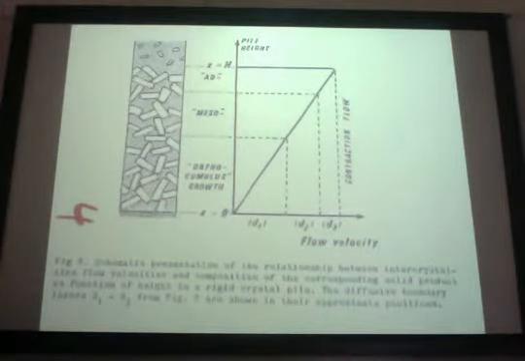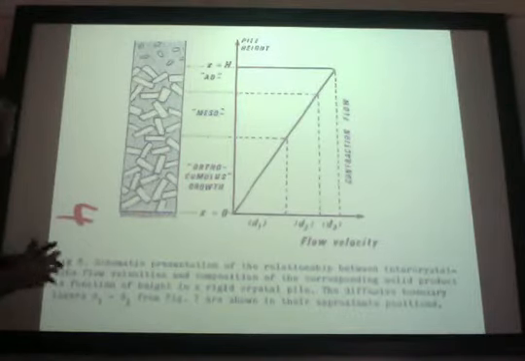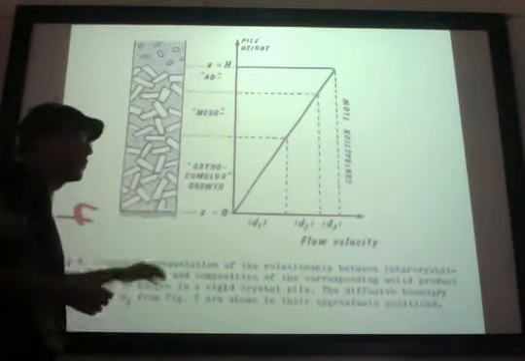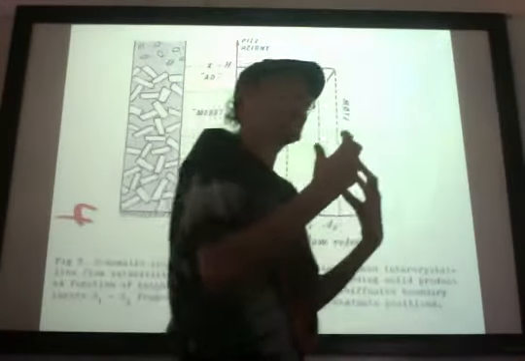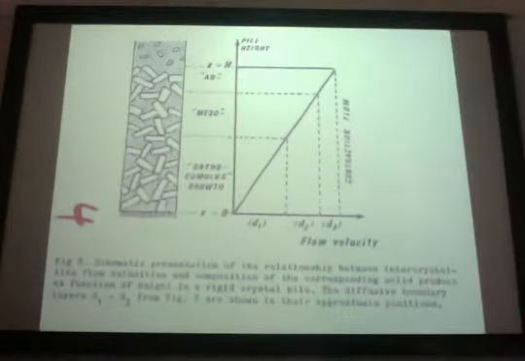And therefore we can have a faster flow of our melt. Whereas if more crystals are crystallizing out of the melt, then you get a melt which is more rigid, and then the velocity of your melt slows down.